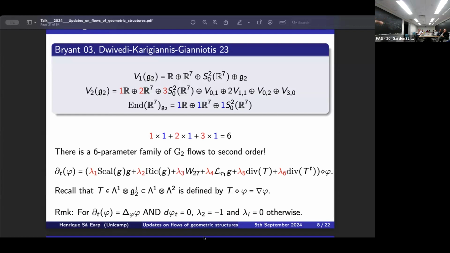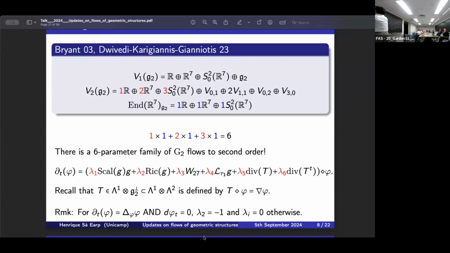Now, this is a work in progress, but hopefully the paper will be out soon. The next step is picking this family of parameters. I want to study what is the best family of these lambdas that provides the flow some desirable properties, in the sense that by the end of the day, my dream is to pick any initial G2 structure and evolve it to a G2 manifold, because having a G2 structure is not enough, you have to be torsion free, right?